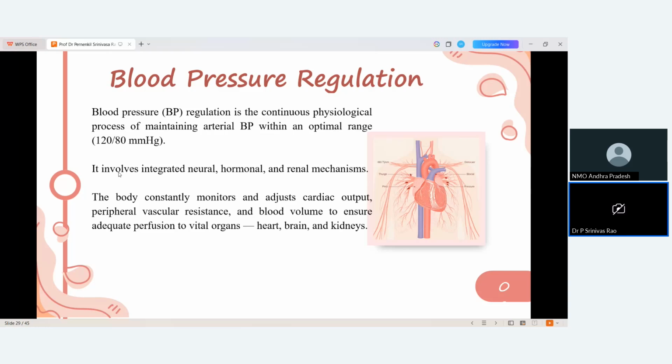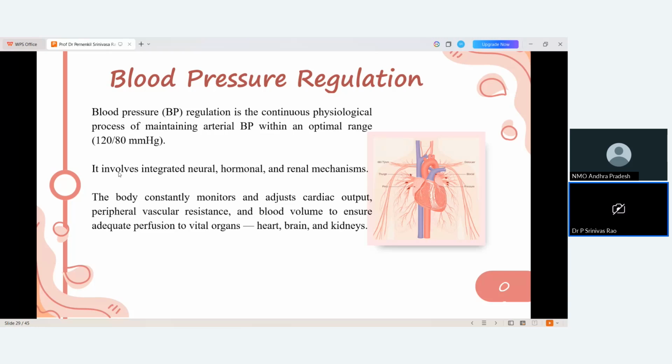It involves integrated neural, hormonal, and renal mechanisms. Total blood pressure regulation is an integration of neural, hormonal, and renal mechanisms. Today, mostly we'll be talking only about blood pressure regulation by the baroreceptor reflex.